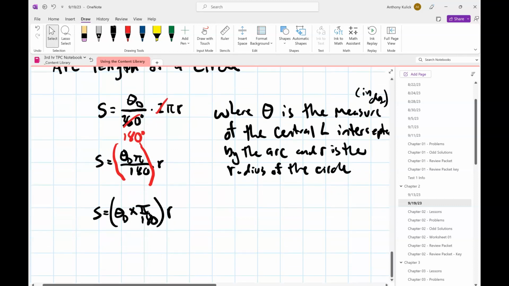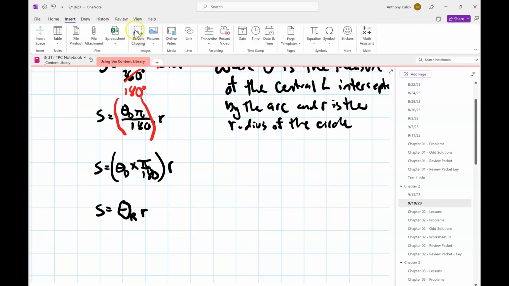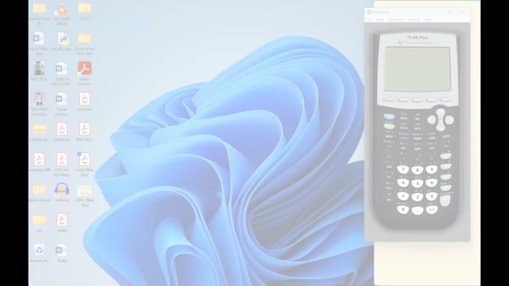So I take an angle in degrees, multiply it by pi over 180, and I just change that angle to radians, right? That looks a little bit cleaner, where our arc length is just the angle in radians times the radius. That's nice. So let's make that a definition.